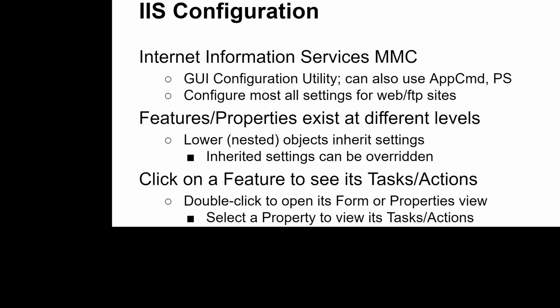The IIS MMC is definitely going to be the way that we're going to configure IIS. This is the GUI configuration utility. Remember that you can also use appcmd or PowerShell. The vast majority of our configuration will be done through IIS MMC.